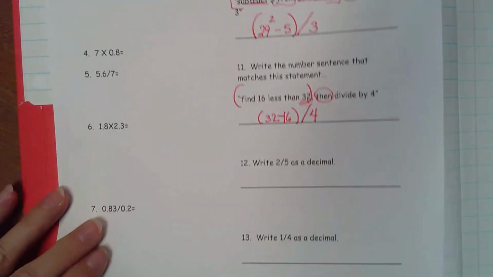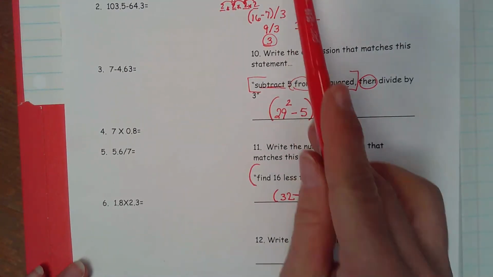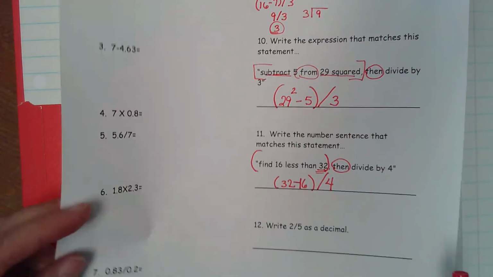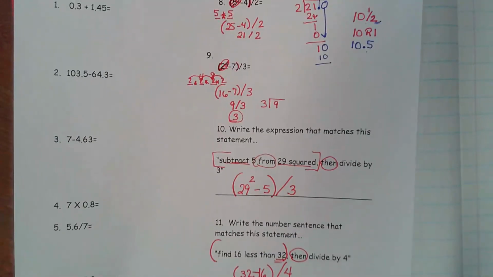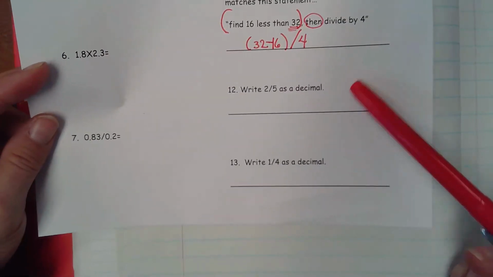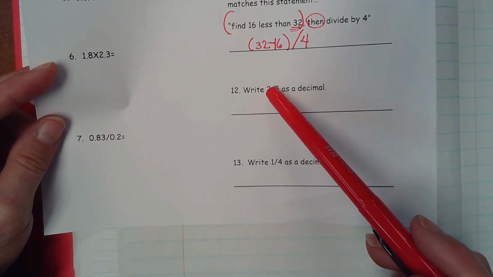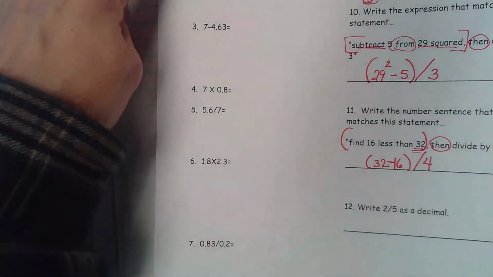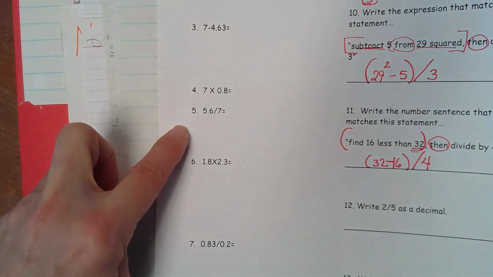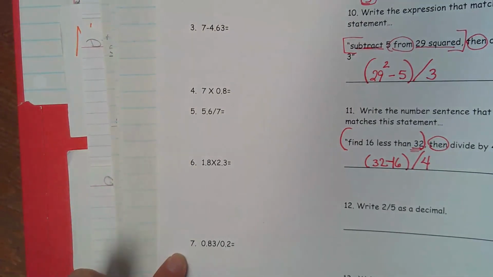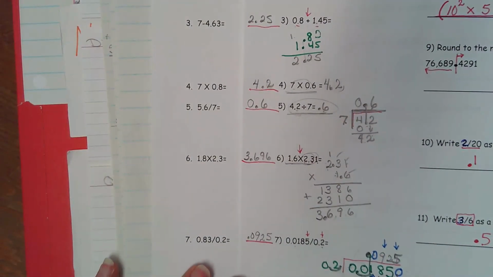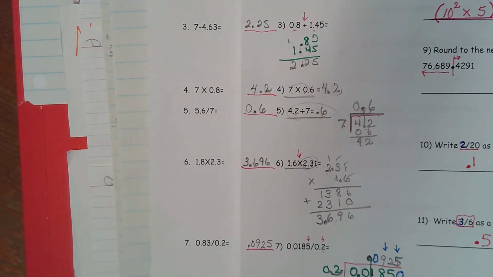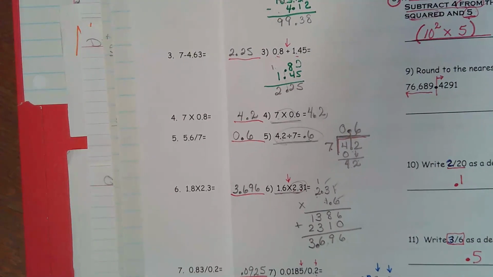You should have the answers here to 8, 9, 10, and 11. Copy those down as I gave them to you. 12 and 13, top number divided by bottom number will give you a decimal. 1 through 7 here look very much like 1 through 7 over here as far as the skills you are using.